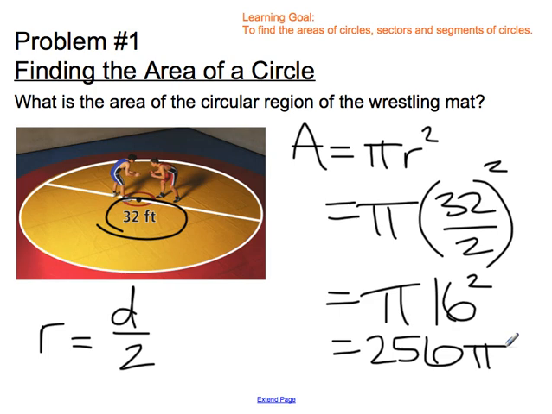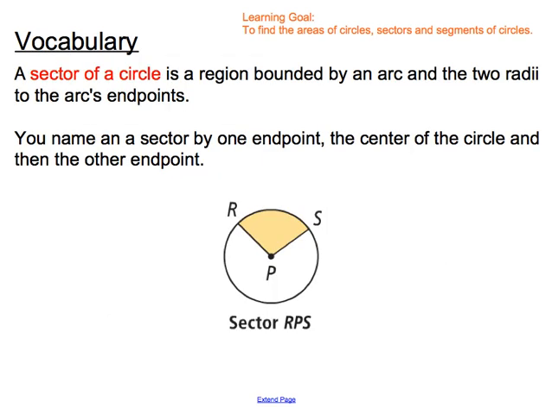Plugging 256 times pi into our calculator, we get an answer that is approximately 804 square feet. So again, we write down our formula, we take the correct number for the radius, plug it into the formula and simplify.